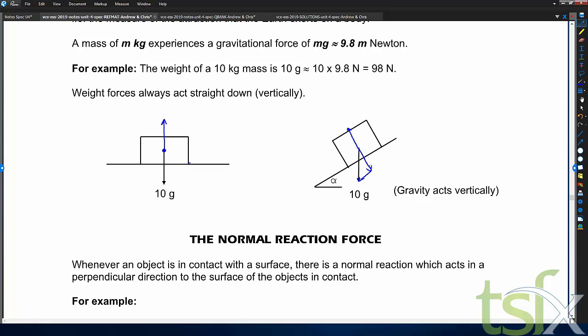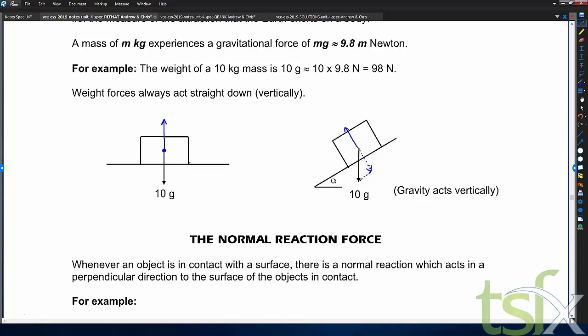I do not draw these. What are those two parts called? Components. They're not actual forces, are they? So the forces we have would be the normal reaction, and the normal reaction is equal and opposite to that component of the weight force going down.